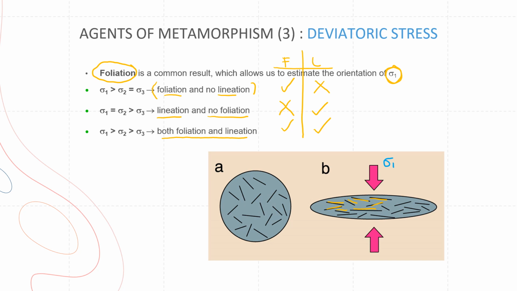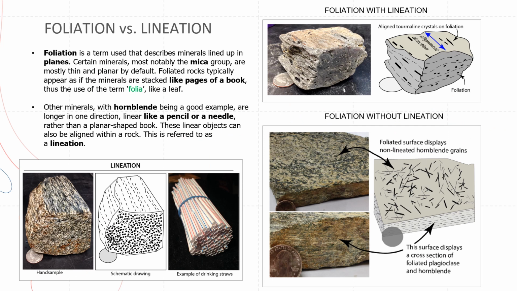So before we move forward, what is foliation? And what's lineation? Foliation and lineation are two terms that you will come across a lot when we talk about metamorphic rocks. The first term, foliation, is a term that is used to describe minerals lined up in planes.